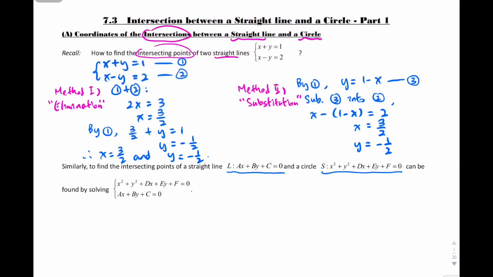Here, if we want to find the intersecting points of the straight line and the circle, that means we have to solve simultaneous equations, one linear and the other one quadratic. And for this case, you cannot use the method of elimination. It does not work for one linear and one quadratic. Here, we will use the method of substitution. Let's study some examples.